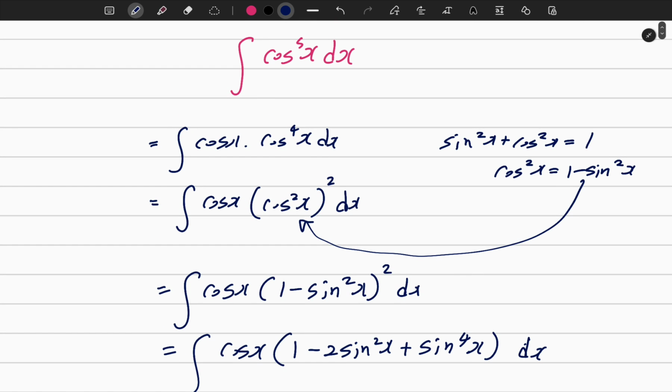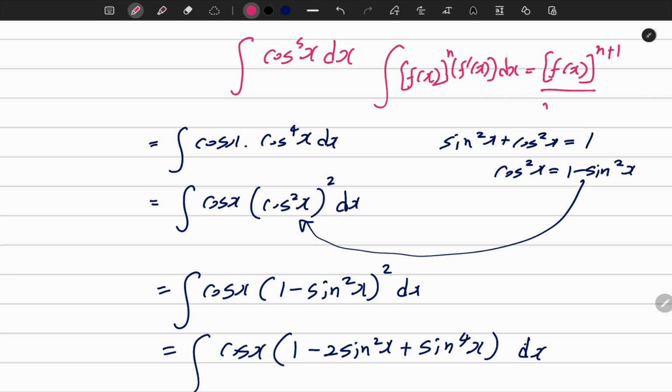So I will write the theorem here. If fx is a function of x, it has an n power, and it is multiplied by its differentiation, and when I integrate this, it is equal to fx to the power n plus 1 over n plus 1 plus c.